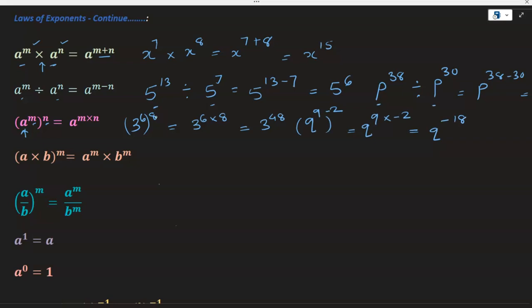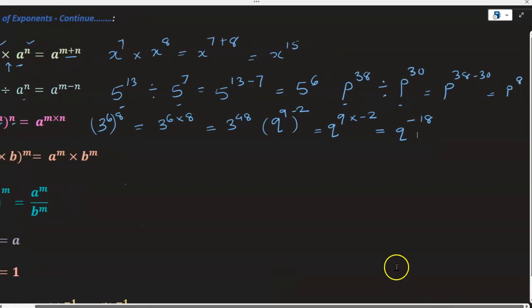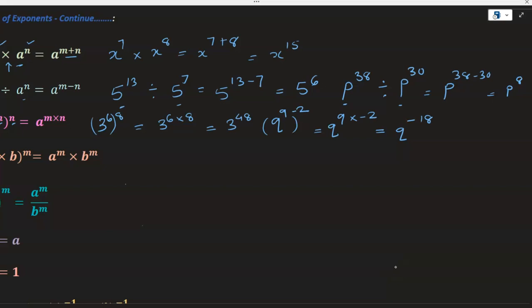As simple as that. You can also extend this law with multiple powers, not only two powers. Let us say, for example, you have a number m to the power 3 to the power 2, and you have one more power. Let us say you have 3 again.